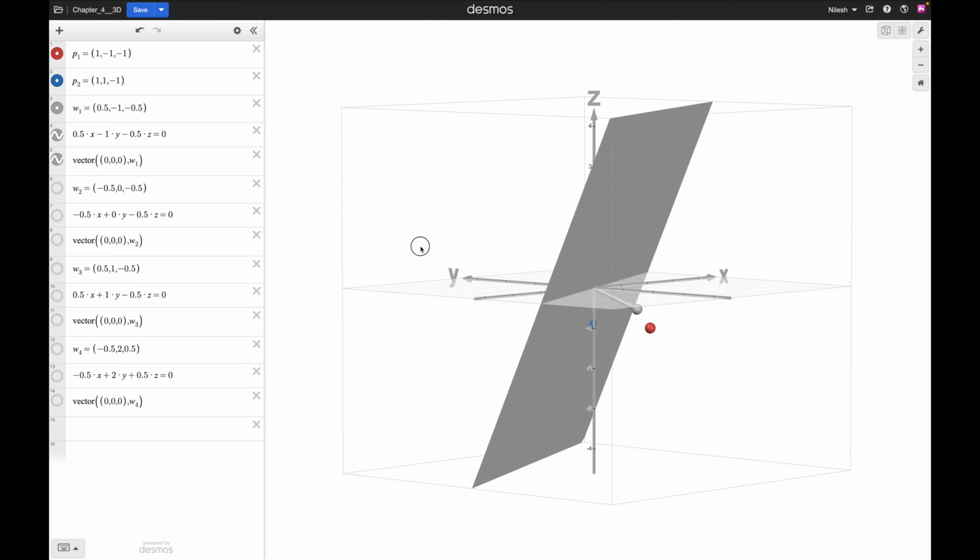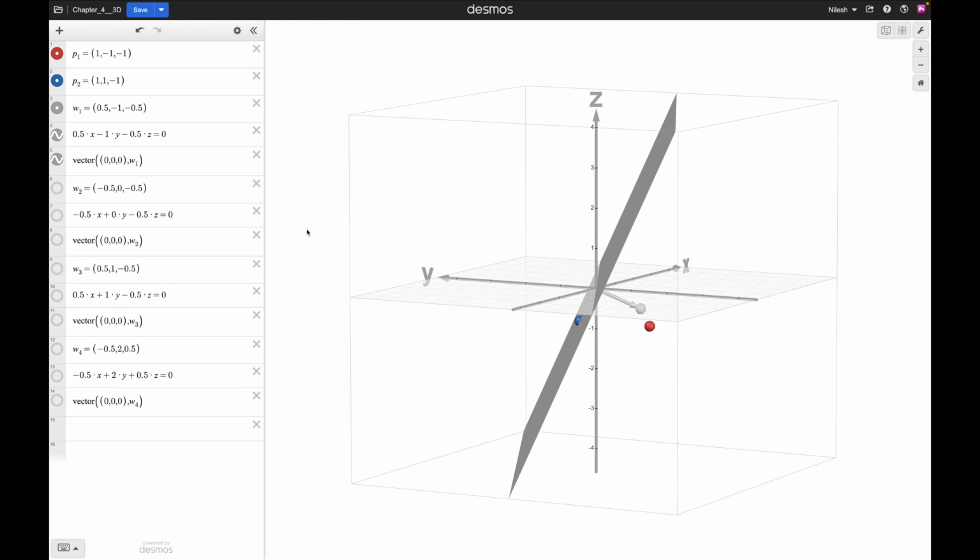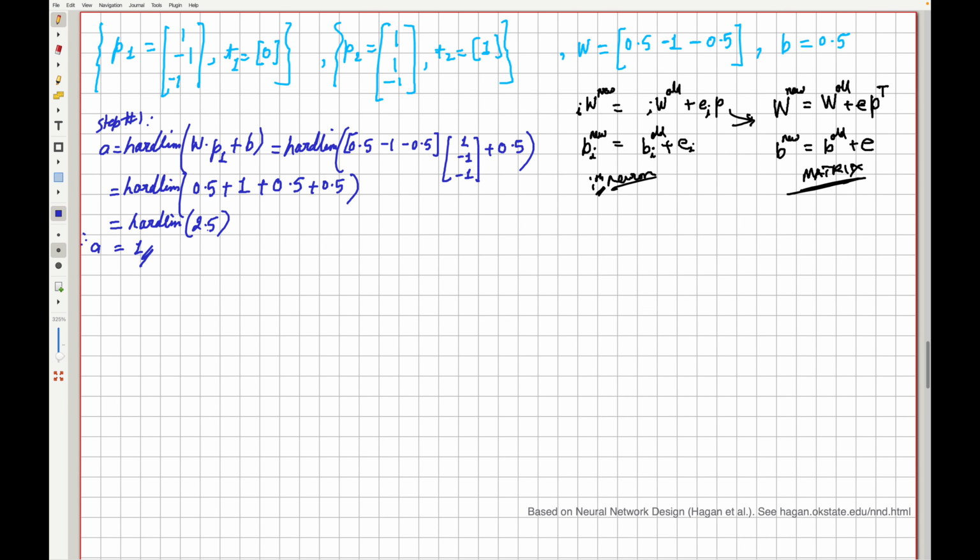And so it's time to update the weight matrix. To do that, let's go back, and now we'll perform the step of updating the value for W. As we have seen previously, the new W is going to be equal to the old W plus e times P transpose, and the old W is 0.5, minus 1, minus 0.5, plus the value for e.